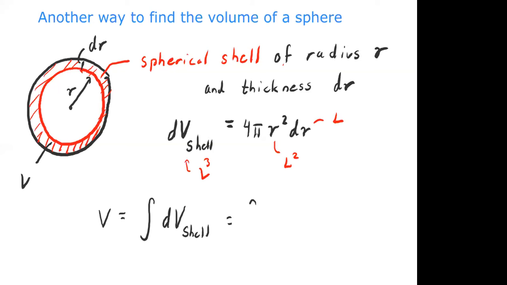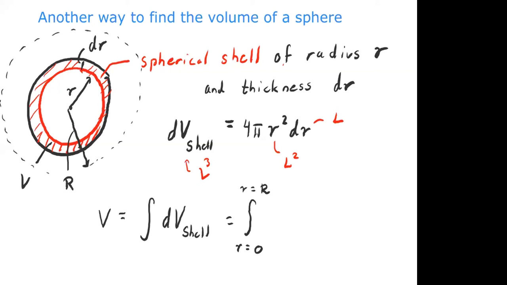And that means I have to go from r equals 0 to r equals big R, where big R is going to be the radius of my sphere. So suppose my actual sphere is indicated by that dotted line, and what's in red is just a spherical shell.